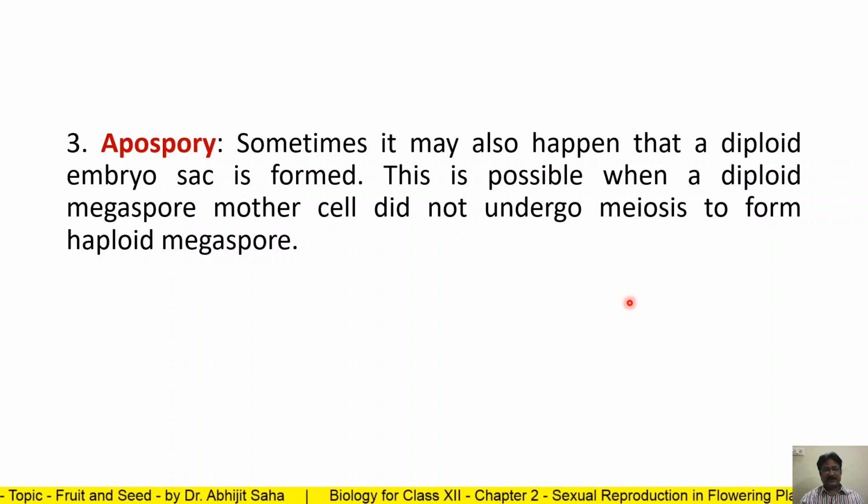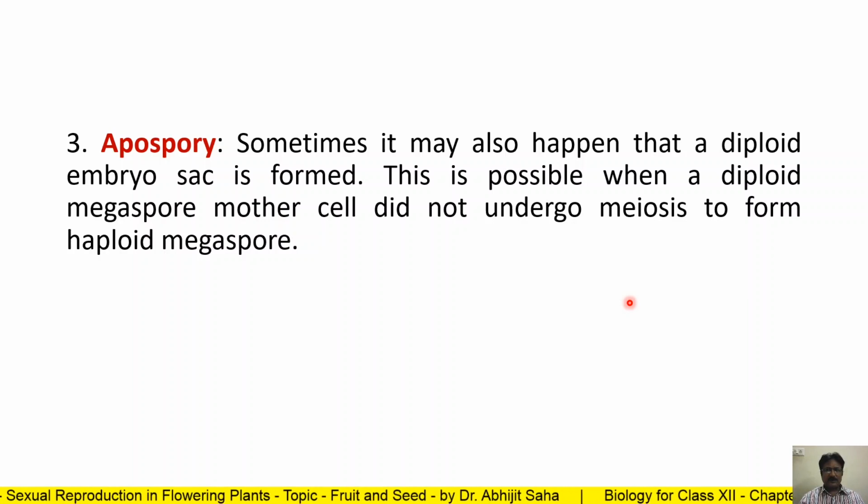Now this is a typical case which can happen when a diploid embryo sac is formed. Normally the embryo sac is haploid. But such an embryo sac having diploid chromosomes is possible when the diploid megaspore mother cell does not undergo meiosis.